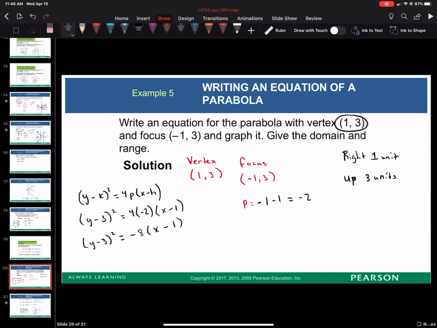So it went right 1 unit, then went up 3 units. Keep that in mind from our original graph.